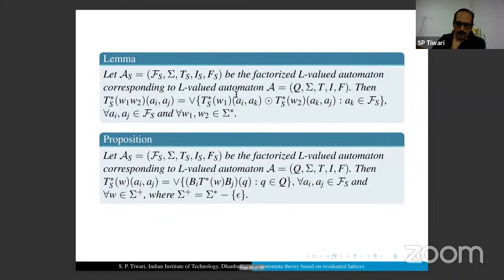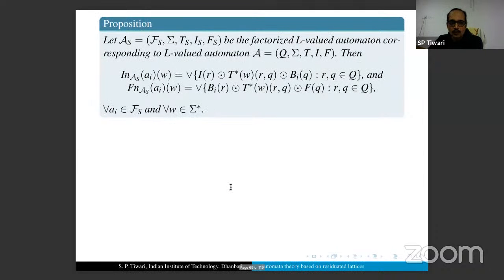Now the same structure, if we want to express in terms of factorizations, can be expressed in this particular way, where A_i, A_j, and B_i, B_j is the second component of the factorization. Now the initial language and final language can also be expressed in terms of factorization. This can be expressed here.